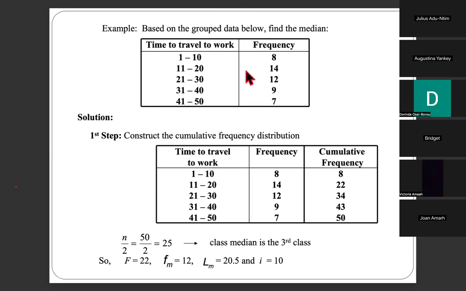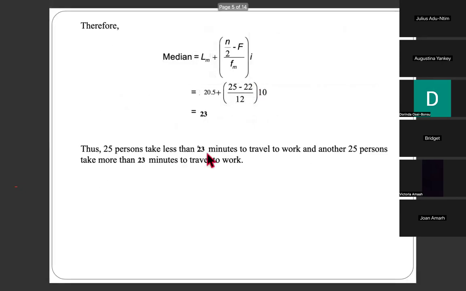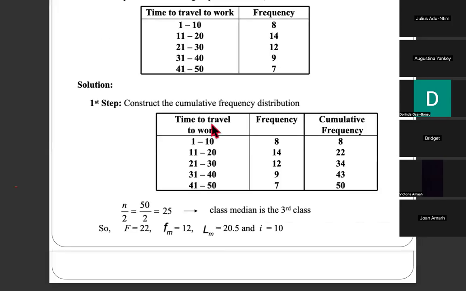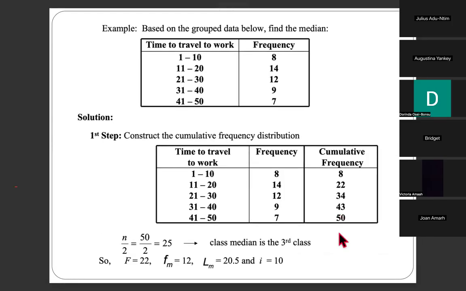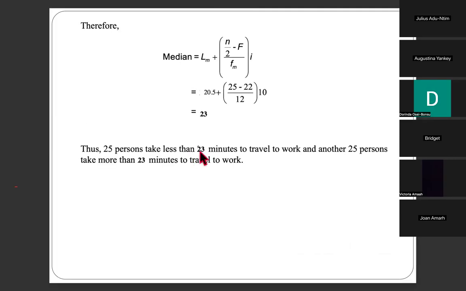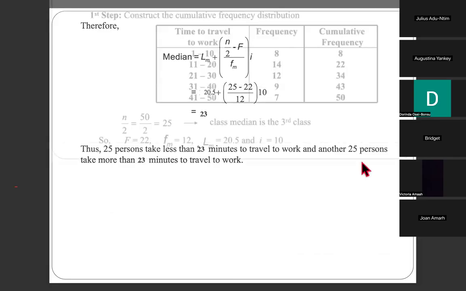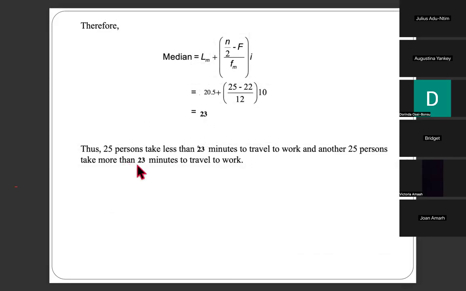When we divide these 50 people into two, we can say that 25 persons take less than 23 minutes to travel to work, and another 25 persons take more than 23 minutes to travel to work. Because it is the median, we split the group into two.